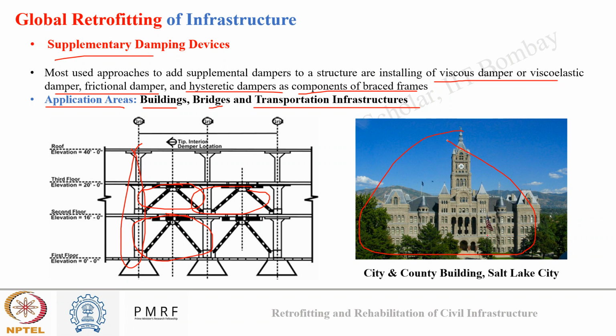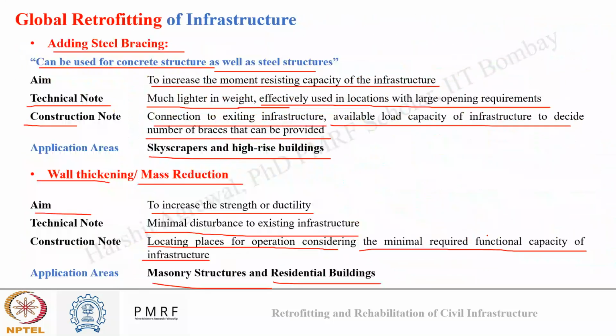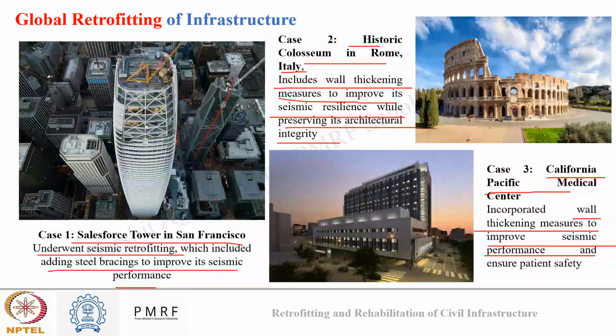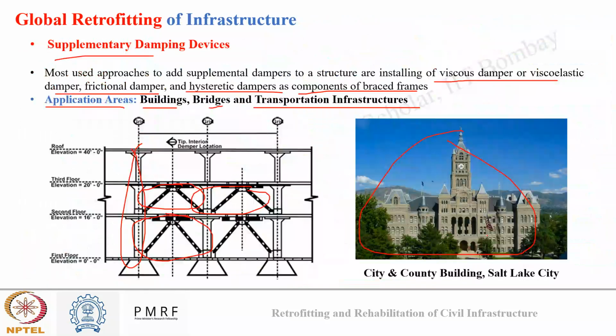Okay, so these were all global retrofitting measures, starting from adding shear walls or infill walls or buttresses, then coming to steel bracings, then talking about wall thickness and mass reduction, and finally base isolation and supplementary damping devices.